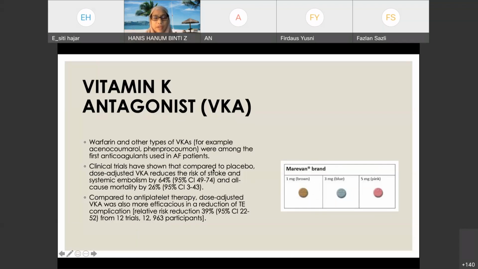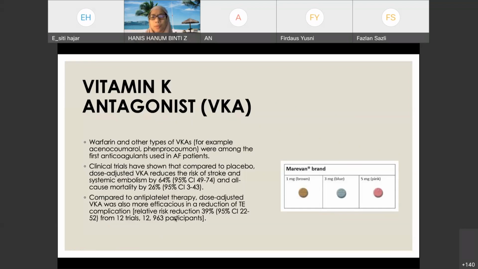Warfarin is good. It's very effective. It reduces the risk of stroke and systemic embolism by 64%. So it's a very effective drug, and it reduces all-cause mortality by 26%. Compared to antiplatelet therapy, studies suggested VKA was more efficacious in the reduction of thromboembolic complications.